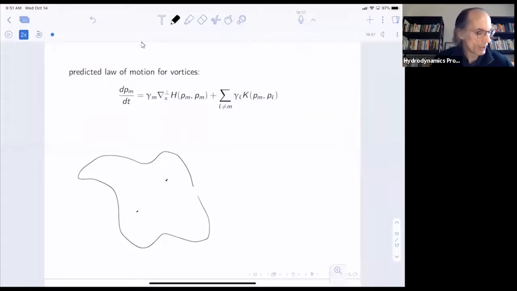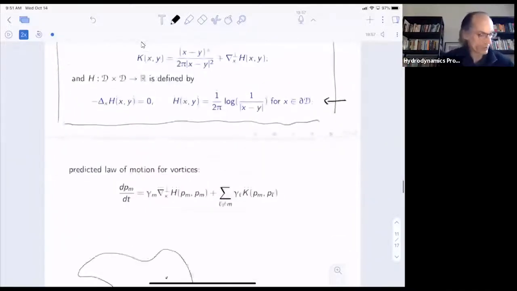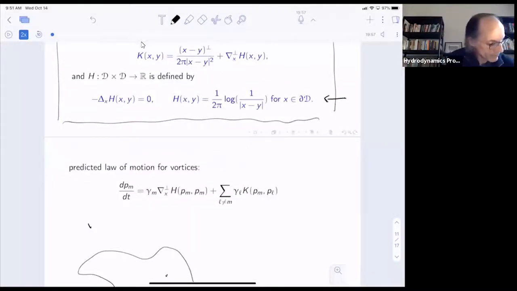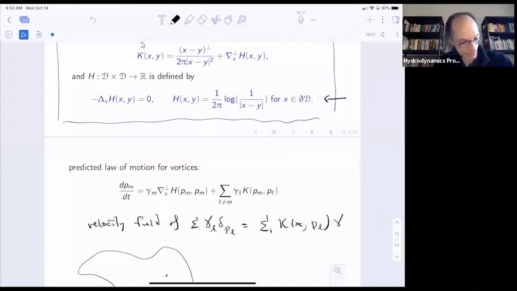So if I look at the velocity field of a sum of gamma_l delta_{p_l}, it's the sum of these K of x, p_l times gamma_l.